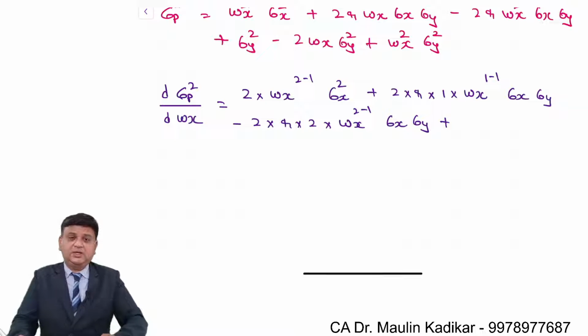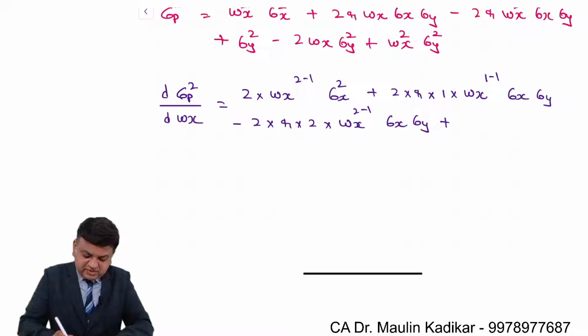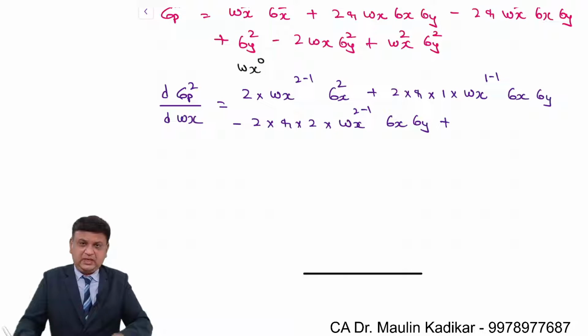Plus, dear students, as we have discussed earlier, sigma y square only. So we have to understand it is like this: sigma y square into wx raised to 0, because any value raised to 0 will become 1, and anything multiplied with 1 will remain the same value.